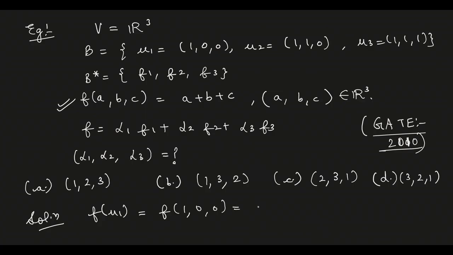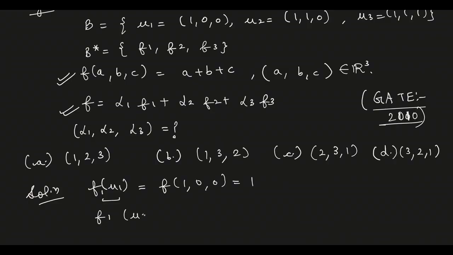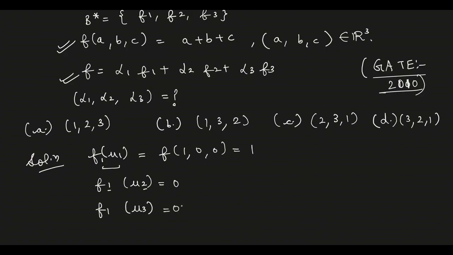This will be 1. Or you can put it here also, f(u1), alpha 1, or just do f1(u1). So this will be 1, and anyway 1 had to come because i and j are equal, Kronecker delta definition. Then f1(u2), simply i is not equal to j so 0. f1(u3) is 0. f2(u1), what will be f2(u1)? Zero.